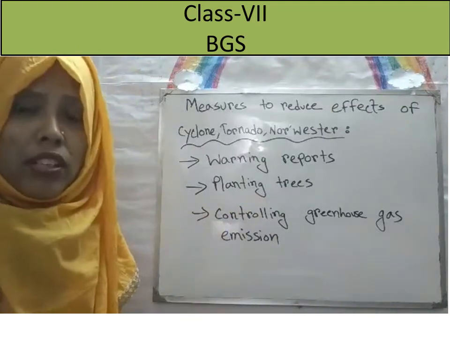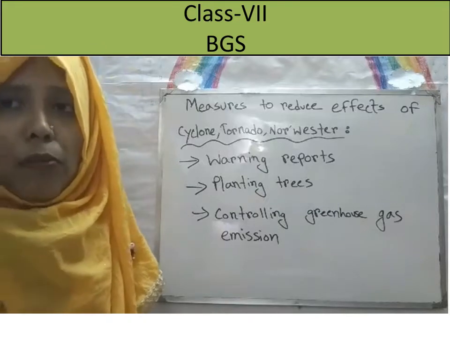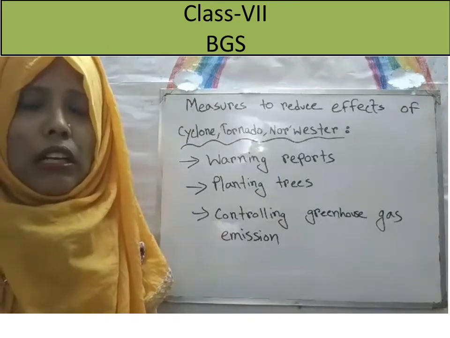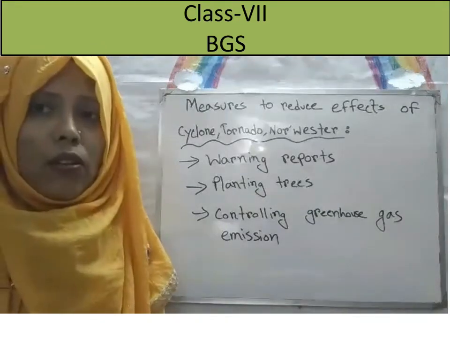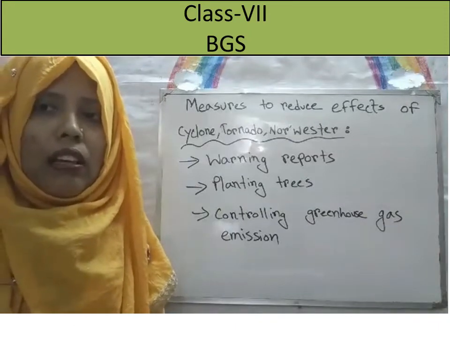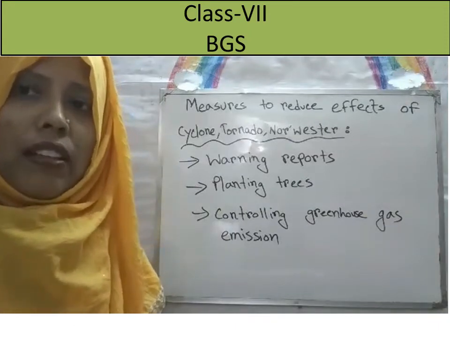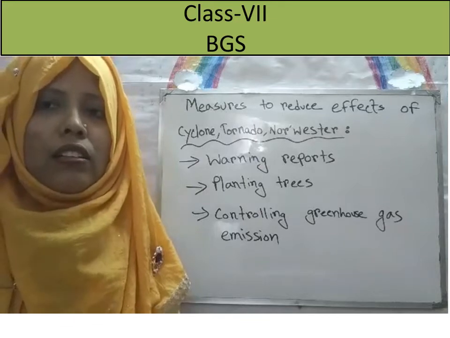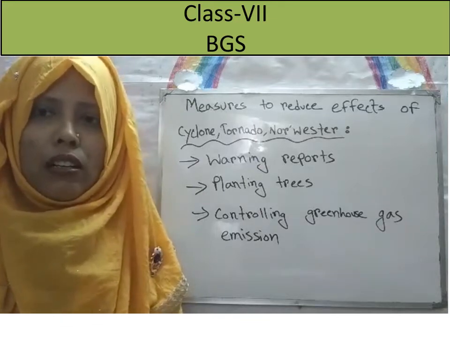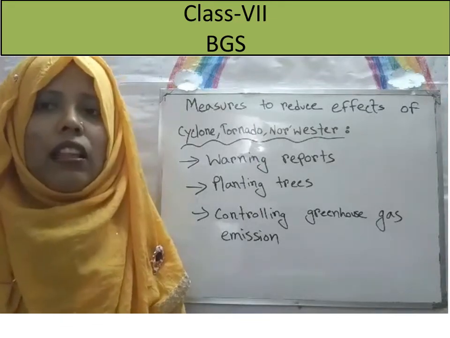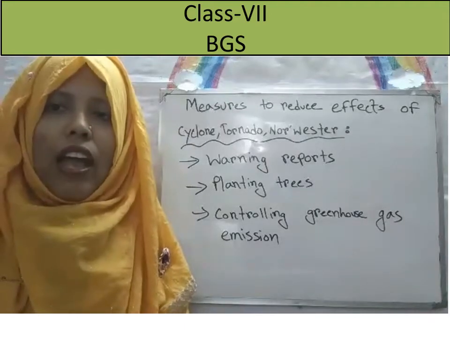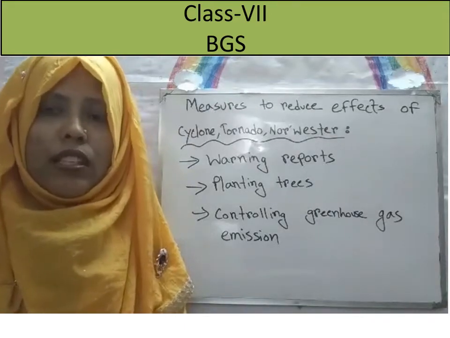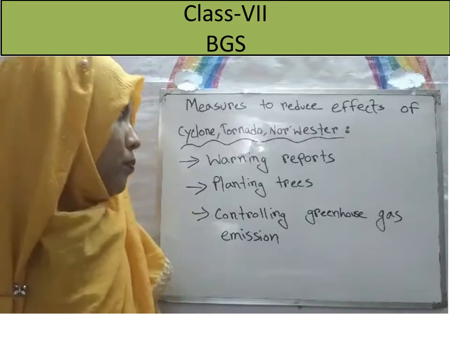When the meteorological office gives a warning report that a cyclone is upcoming, if we abide by these reports and follow the steps, then we save our lives and reduce the damage to our property.